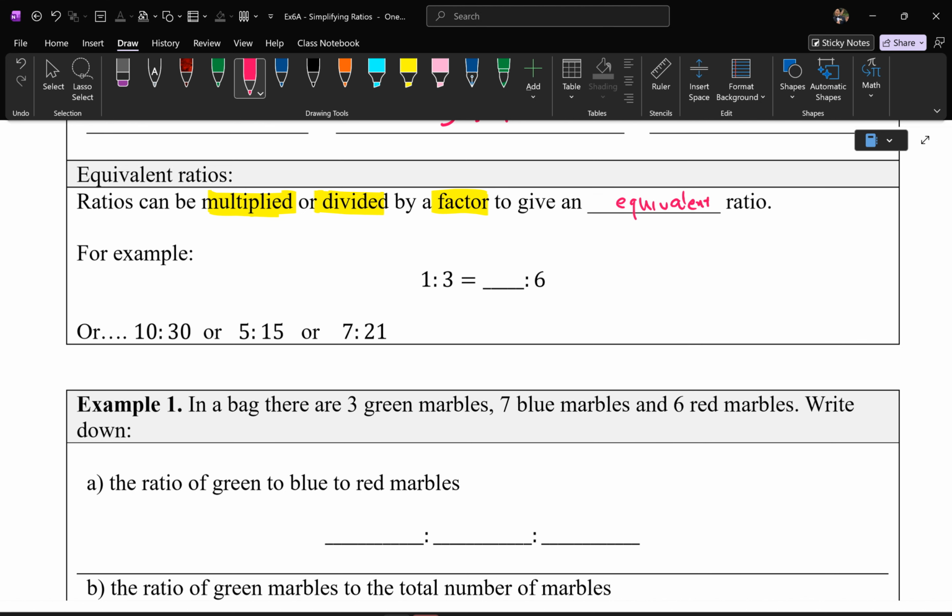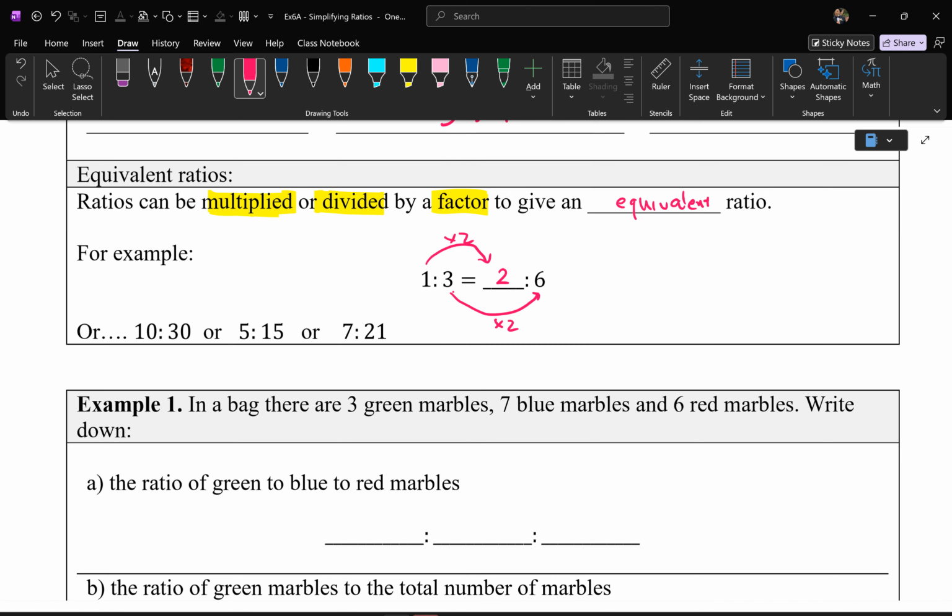A 1 to 3 ratio is equivalent to, now you can see here, 3 became a 6. 3 is on the right, and that's a 6. How would I multiply or divide a number to get to 6 from 3? Times by 2. But to keep it equivalent, that means everything needs to be multiplied by 2 as well. Therefore, an equivalent ratio, 1 to 3, is the same thing as 2 to 6.